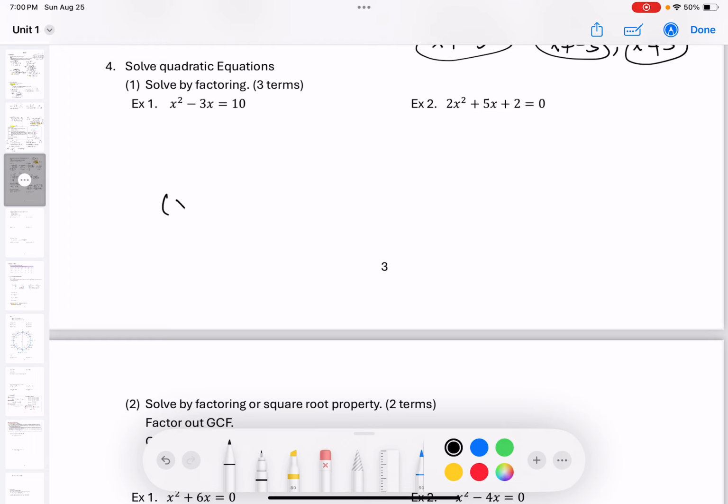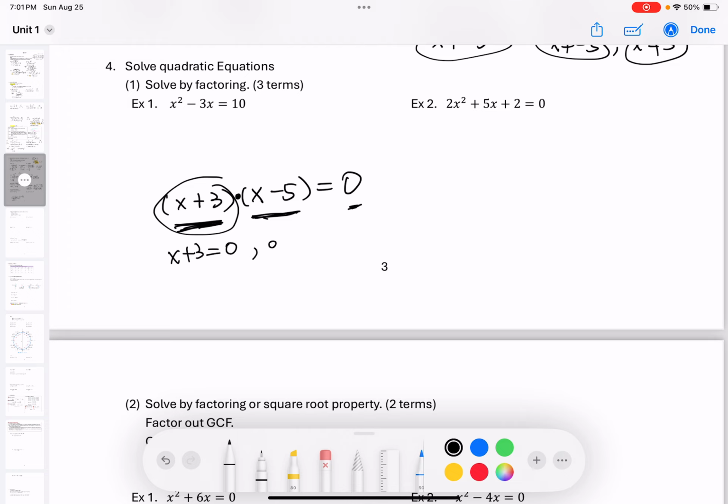If I have (x plus 3) times (x minus 5) is equal to 0, so this is multiplication. 0 times something is 0. Or something multiplied by 0 is 0. So my first factor, x plus 3, is equal to 0, or x minus 5 is equal to 0.